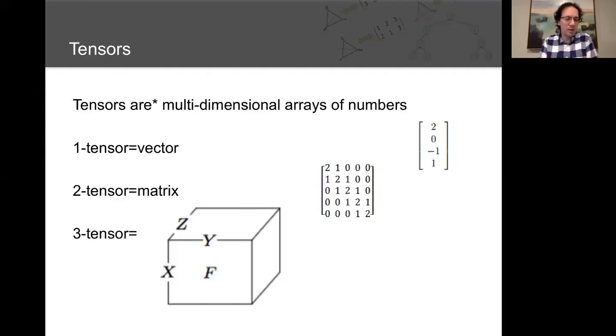Tensors are the same way. What really makes a multi-dimensional array of numbers a tensor is sort of how it transforms under change of basis, how it can be combined with other tensors or matrices or vectors. And so you'll often hear about tensors in machine learning, and often what they really mean is just a multi-dimensional array of numbers, but there's no notion of change of basis or anything like that. Whereas for us, this whole notion of change of basis is actually going to be pretty crucial.